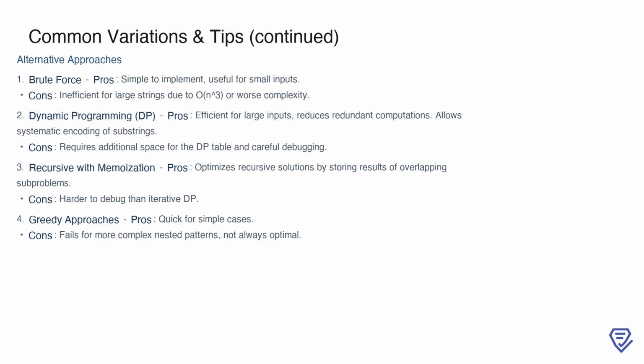Multiplying these together gives O(n) times O(n squared) times O(n), which simplifies to O(n cubed). On the space complexity side, the DP table stores the shortest encoding for each substring pair i, j, requiring O(n squared) space. Since no other operations require significant additional memory, the space complexity is conclusively O(n squared).